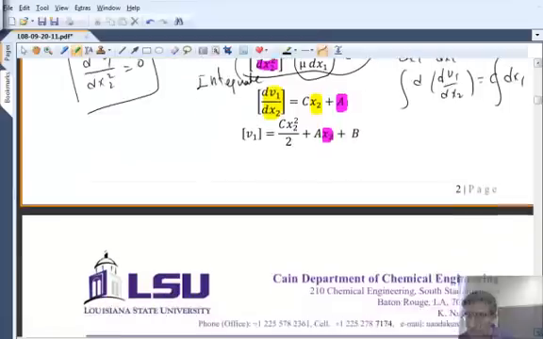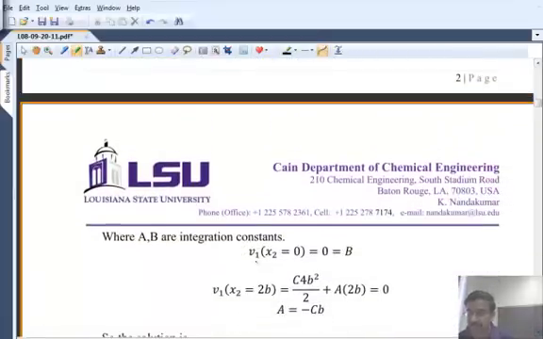Now we evaluate what these constants are by putting, at x2 equal to 0, the velocity is 0. That gives you right away that b is equal to 0. Okay? So we found out what b is. Then at x2 equal to 2b, that is at the top plate, the velocity is again 0. Okay?